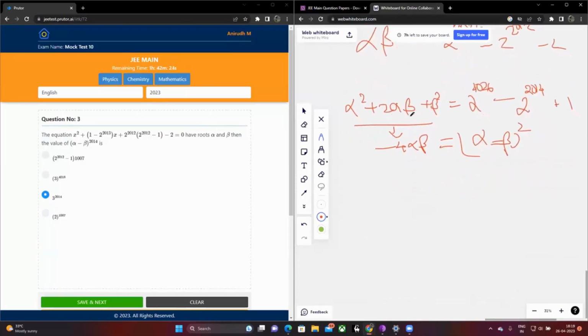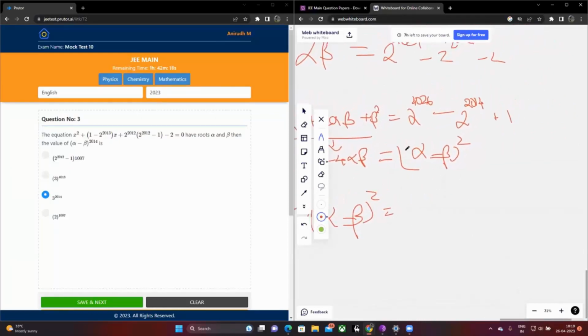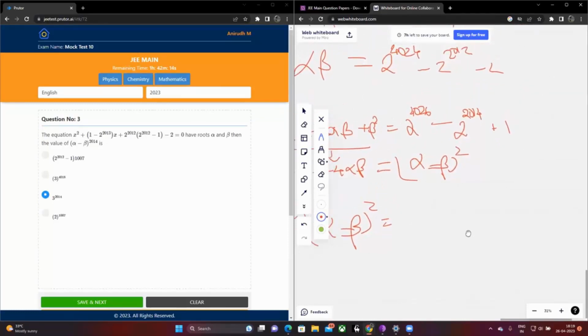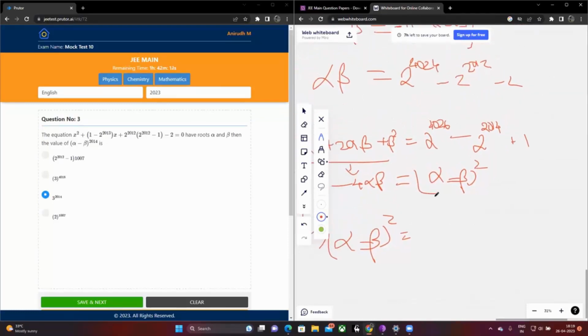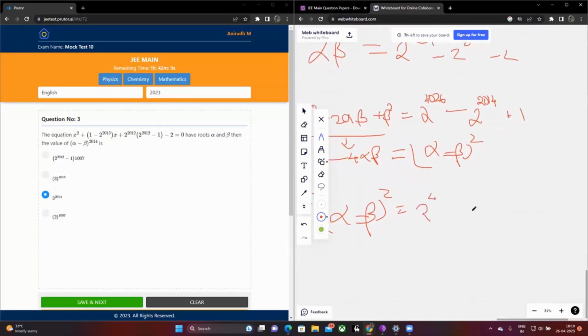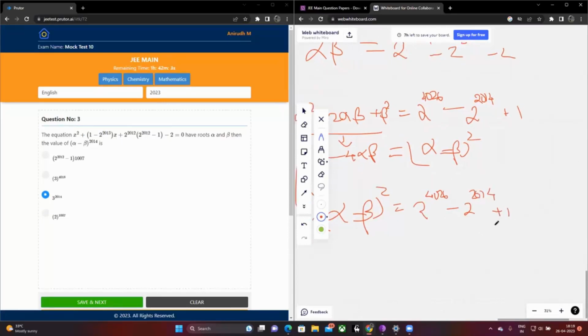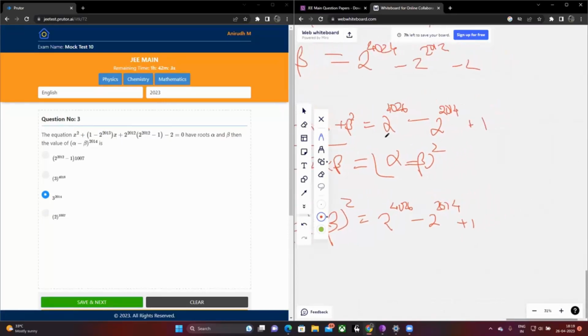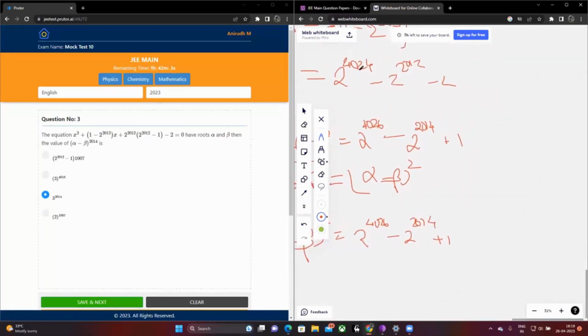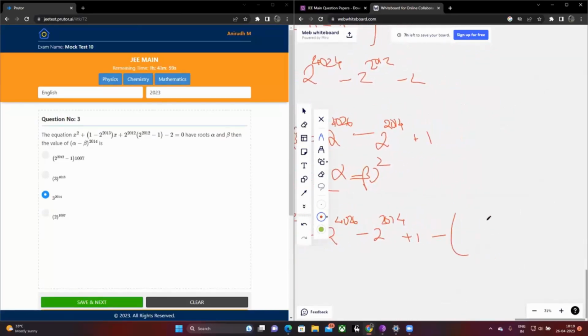So this now gives you alpha minus beta the whole square equals this expression minus 4 times of this expression, which is 2 power 4026 minus 2 power 2014 plus 1 minus 4 times of this, and 4 is 2 squared. So I'm just condensing it to write 2 power 4026 minus 2 power 2014 minus 8, right?